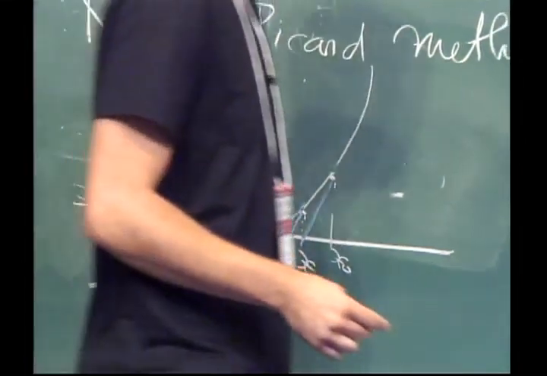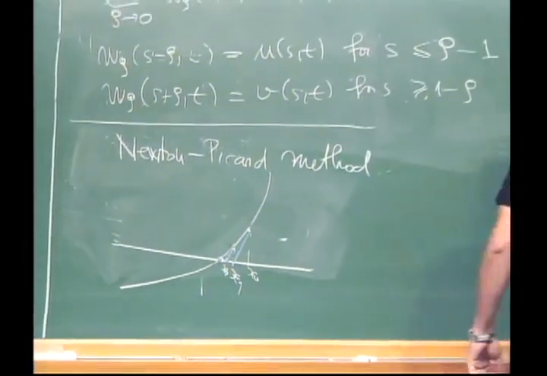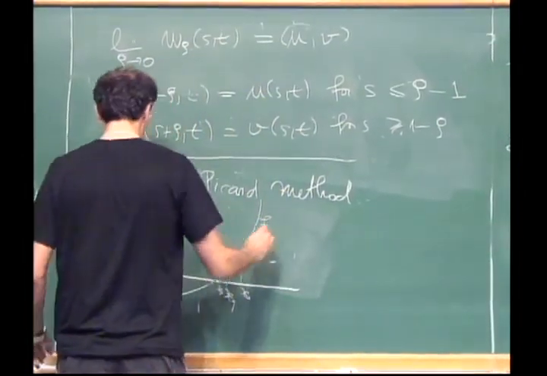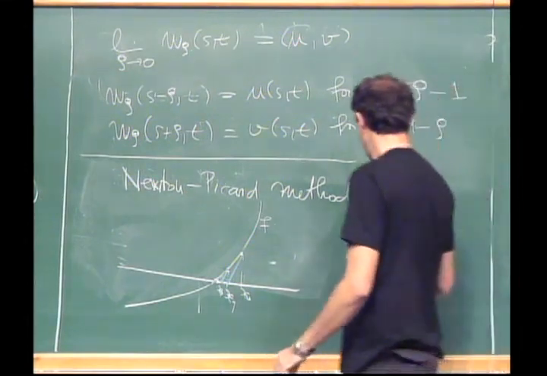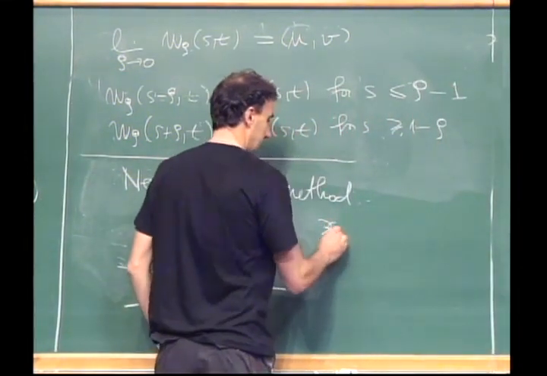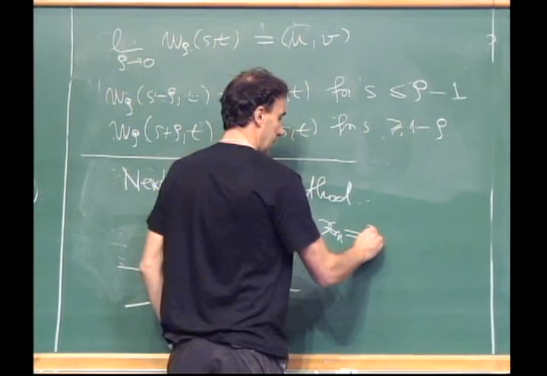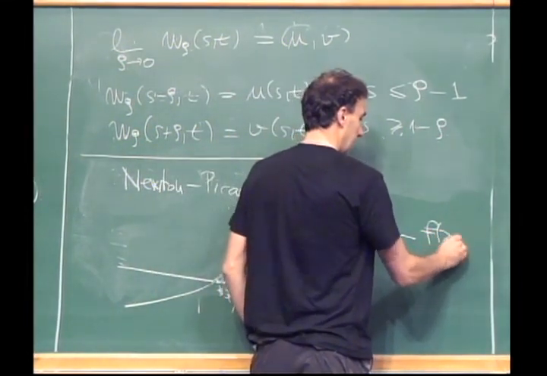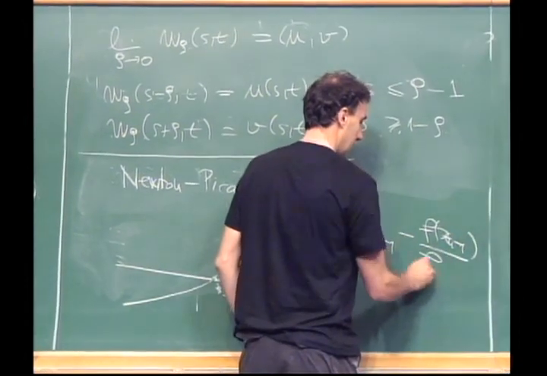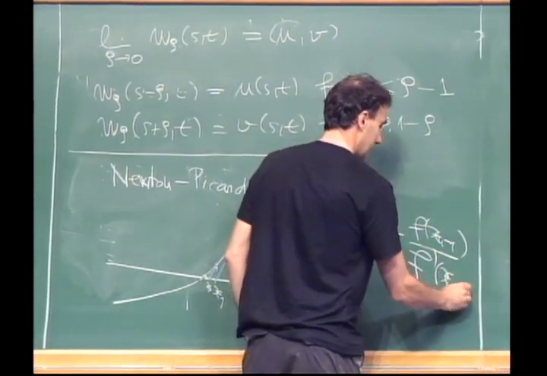Okay? Now, what would be this function here? The role of this function f is played by the following one. I think the interpolation here is something like this: xn is xn minus 1 minus f(xn minus 1) divided by f prime(xn minus 1).